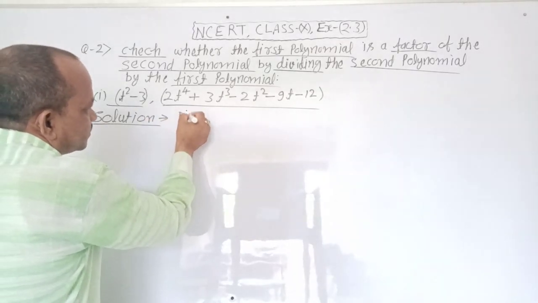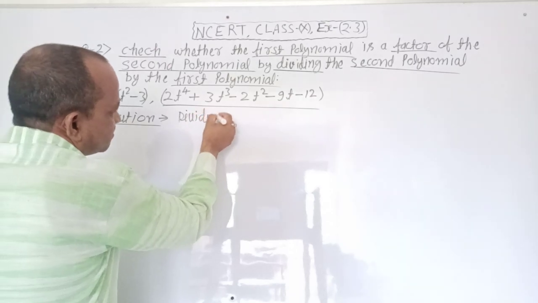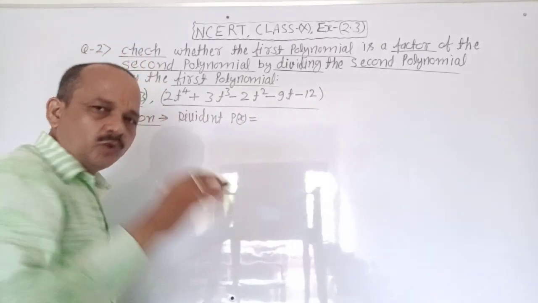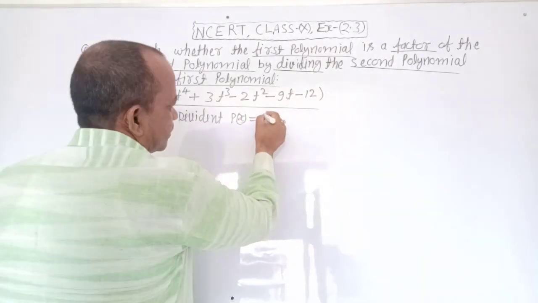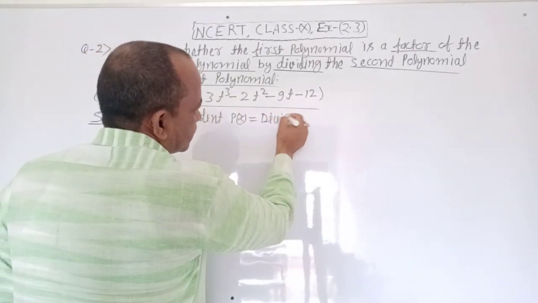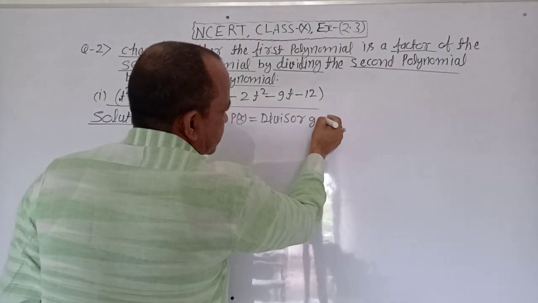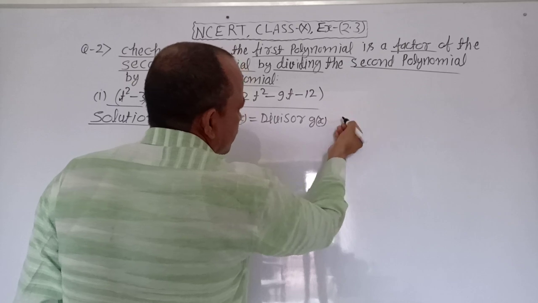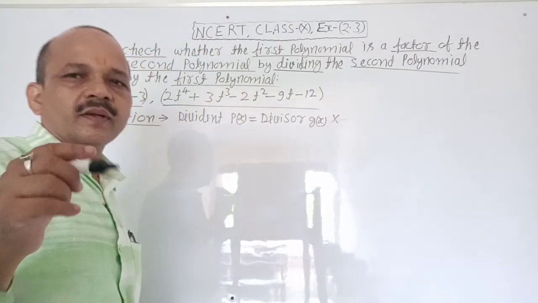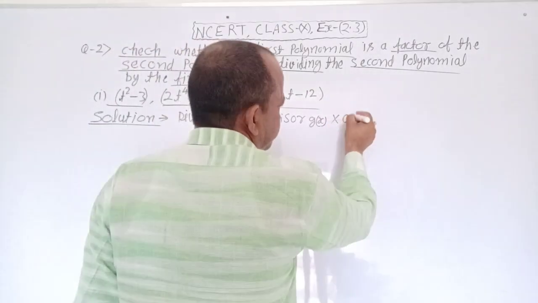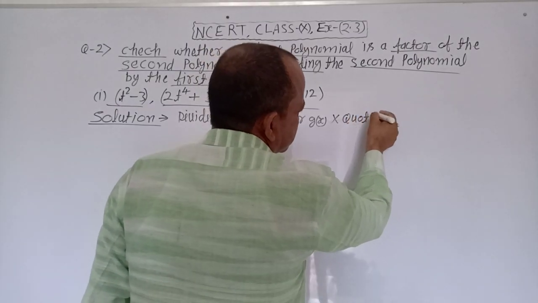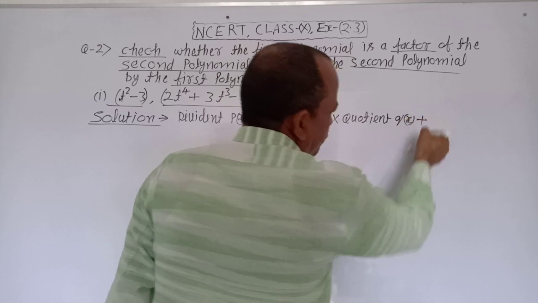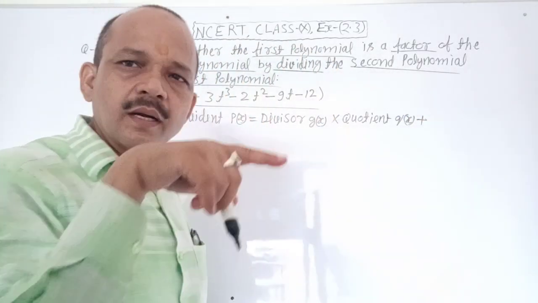Dividend p(x) equals divisor g(x) multiply quotient q(x) plus remainder r(x).